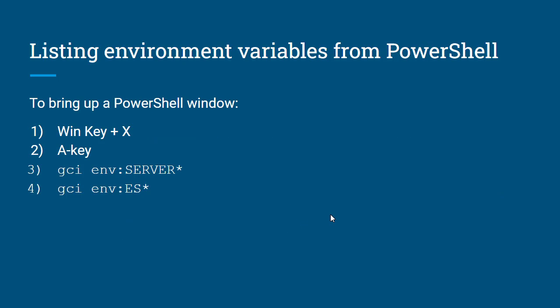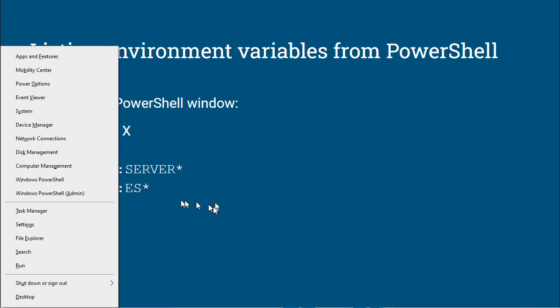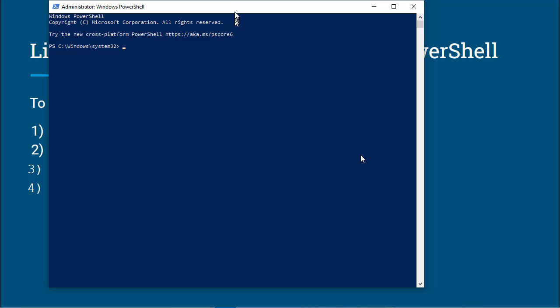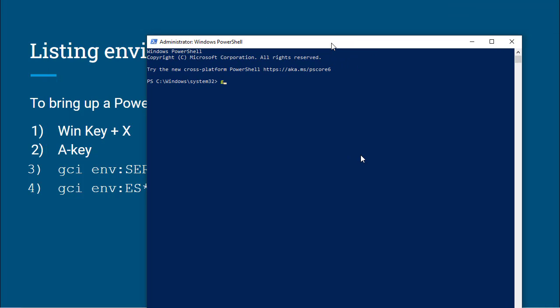If this is done correctly, we can see if we defined them correctly by using the Windows 10 PowerShell. If you use Windows X and then hit A for PowerShell admin, say yes here, and then we enter GCI env:server*, and the star here is basically a wildcard, we'll see that we've got this defined correctly.